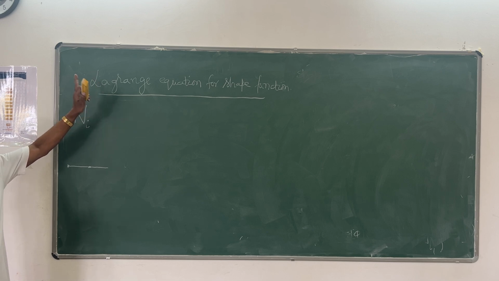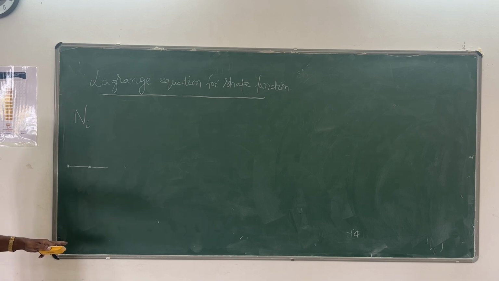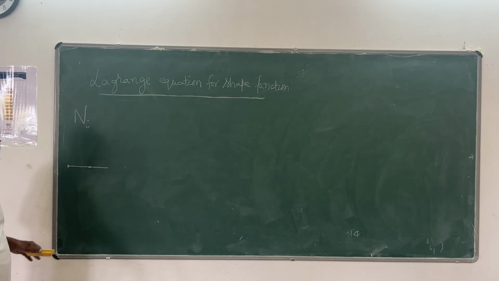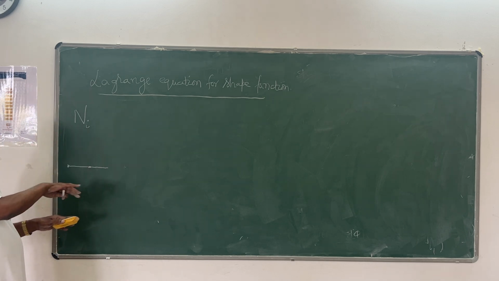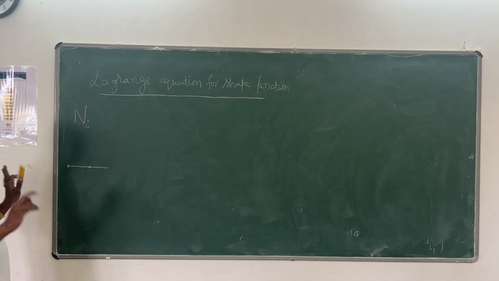That is the Lagrange equation. It is applicable only for a rectilinear line, so that is either a horizontal line or a vertical line, or it may be normal to these two, only orthogonal lines, only one direction.